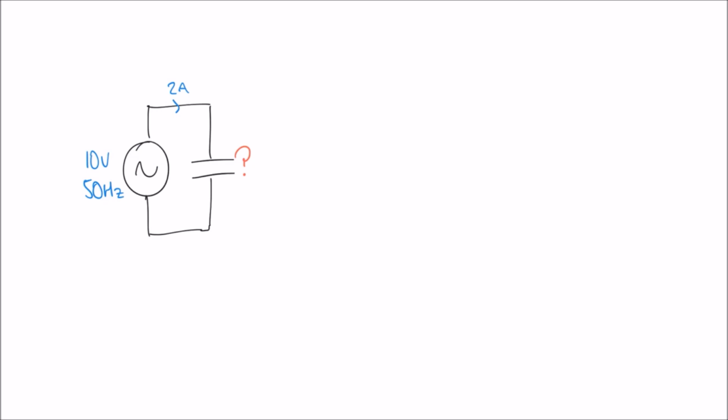Let's look at one more example involving a capacitor, but this time a little different, because in this case we've been told the current. We're saying here that we've got a supply of 10 volts at a frequency of 50 hertz again, and we're allowing a current of 2 amps to flow in this circuit here. And the question is, what capacitor is required in order to allow that current of 2 amps to flow in this circuit?